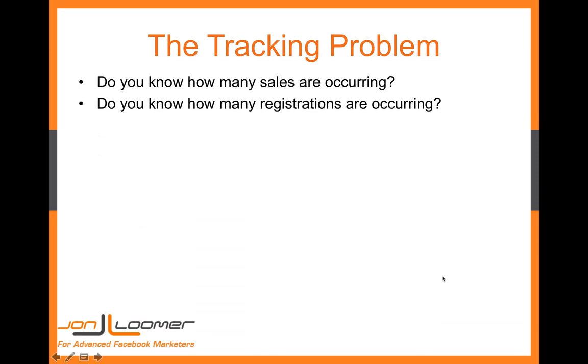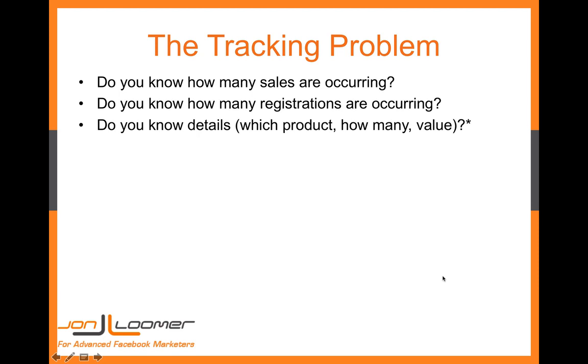And do you know how many registrations are occurring? Do you know the details, like which product, how many, and the value that are coming as a result of those conversions? All these things we can start sorting out thanks to the pixel and custom conversions and events.